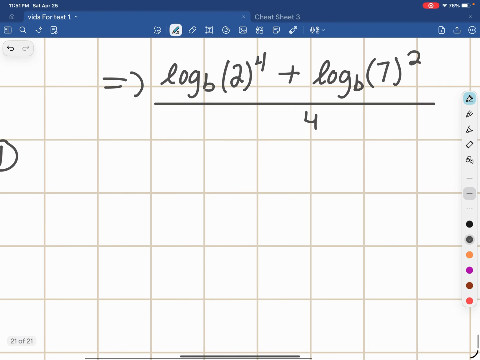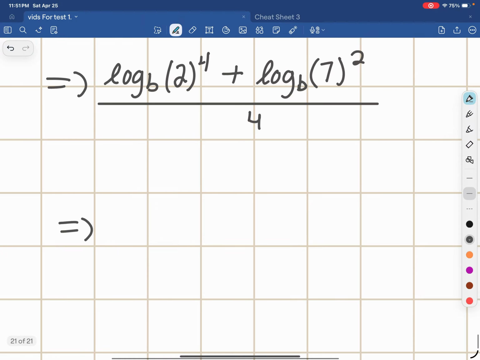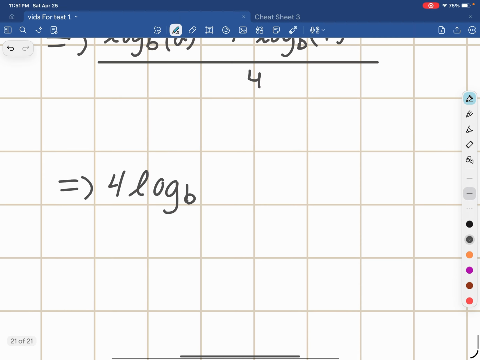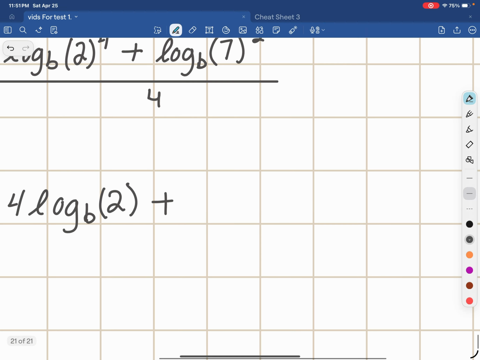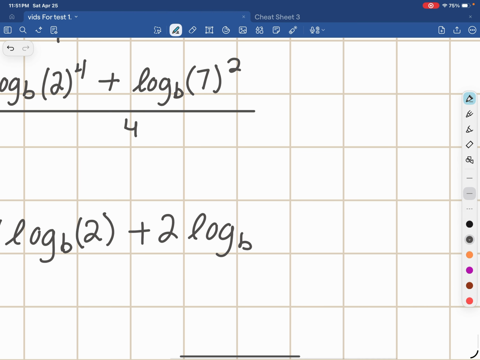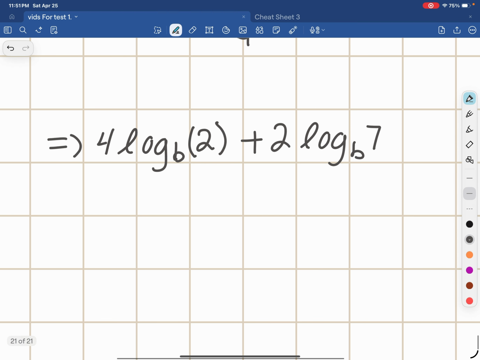Then, using another property, the power rule, we can do 4 times log base b of 2 plus 2 times log base b of 7, all over 4.